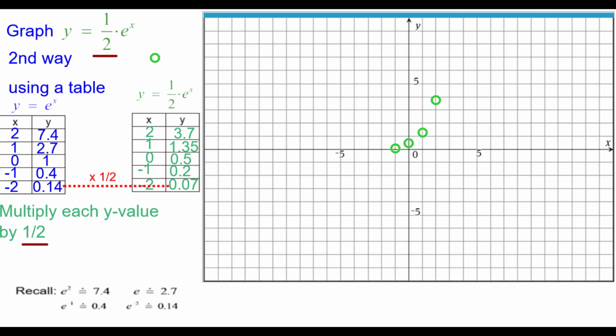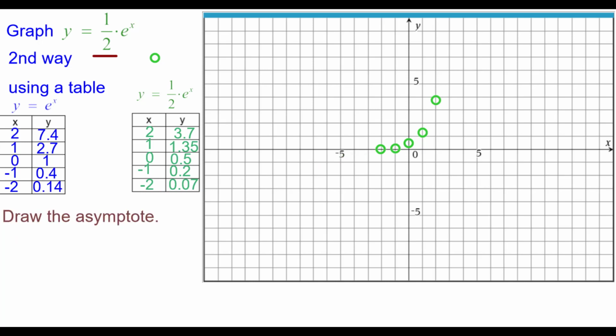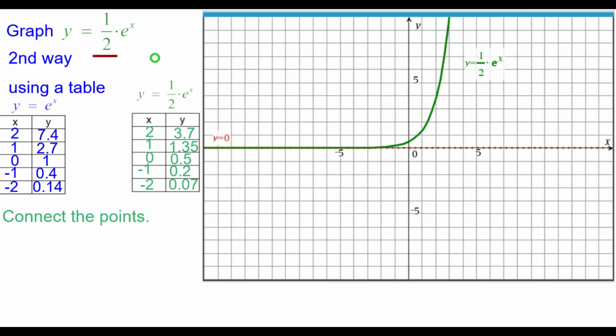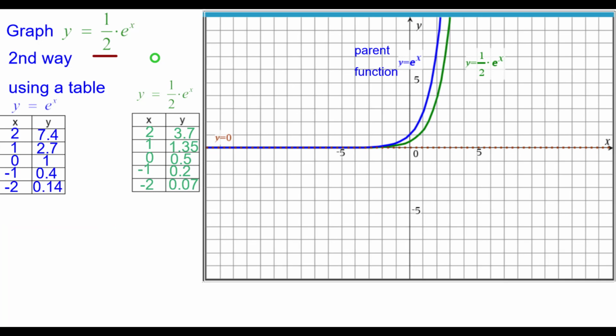And half of 14 hundredths is 7 hundredths, so negative 2, 7 hundredths. We need to draw the asymptote, which will be the x-axis, y equals 0, and then connect the points. Compare that to the parent function.